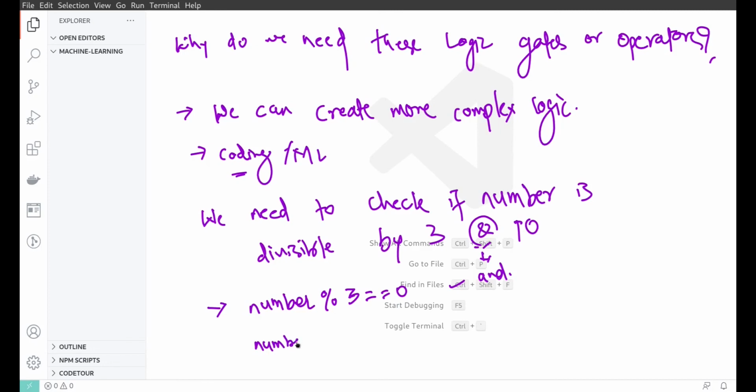And the number is divisible by 10. So these are separate logics. Now if we want to combine them, because we want a number that is divisible by 3 as well as 10, we need to use the AND operator.